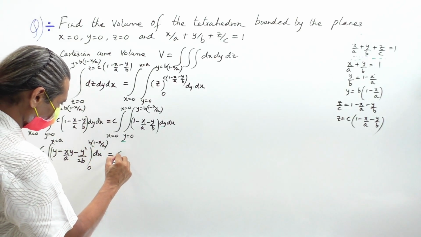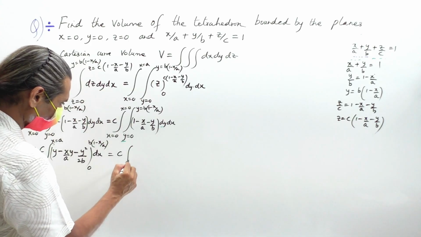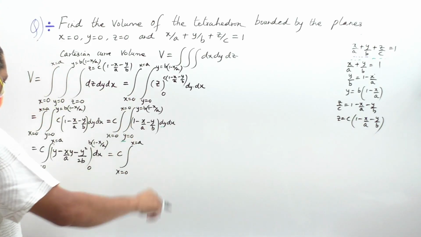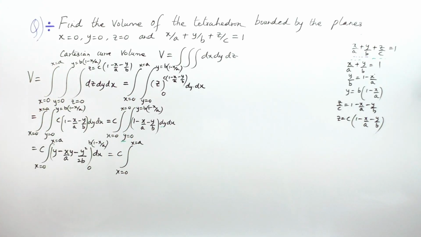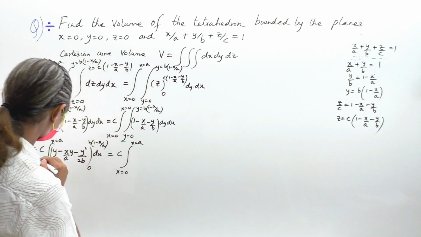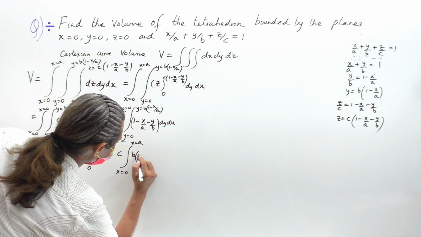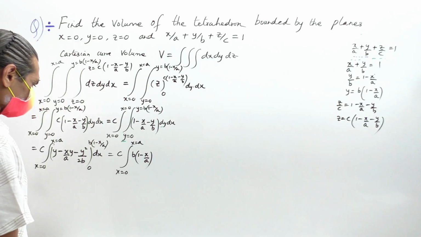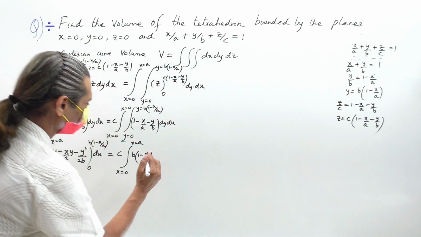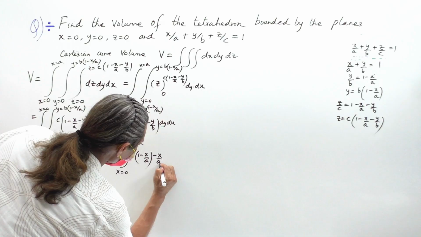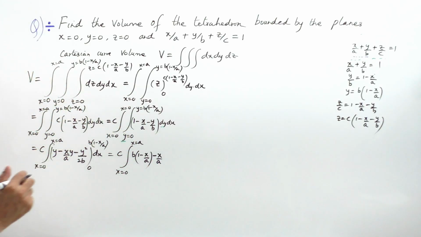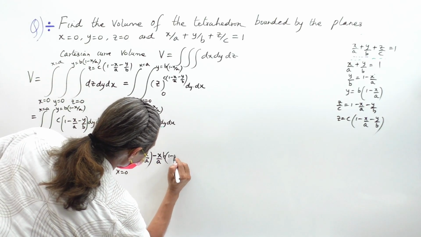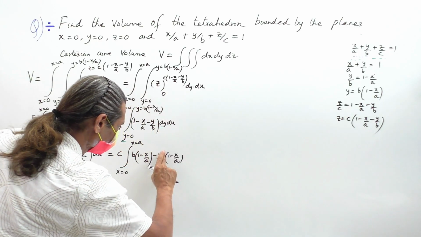So we have c outside, x equals 0 to x equals a. In place of y, we are putting b into 1 minus x by a. So b into 1 minus x over a, minus x over a into, see what's y? b into 1 minus x over a.